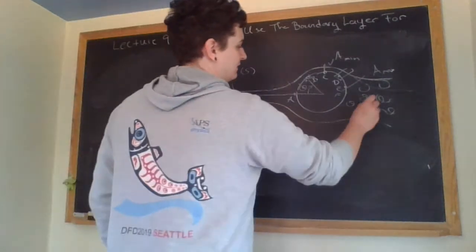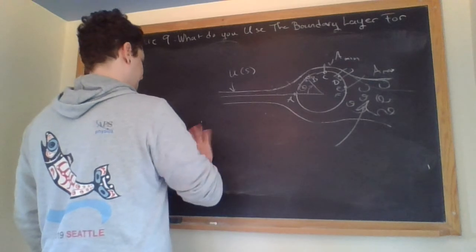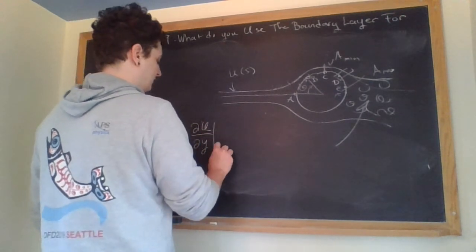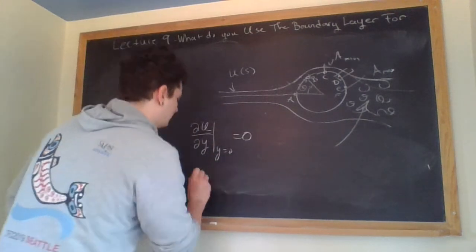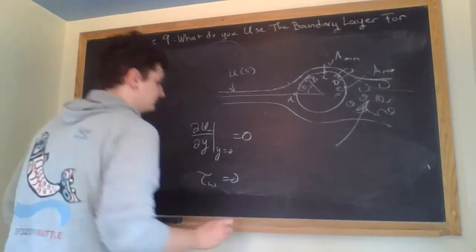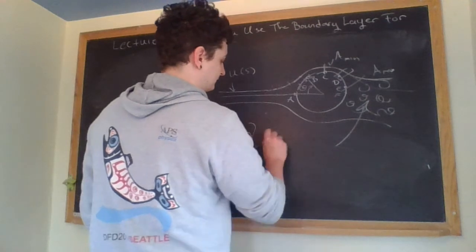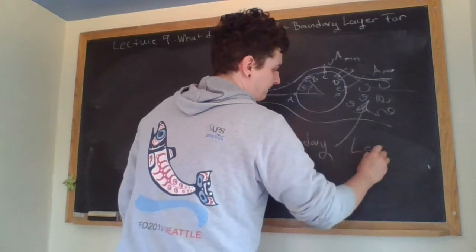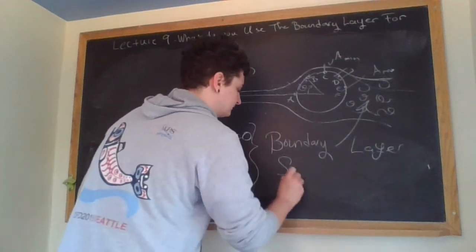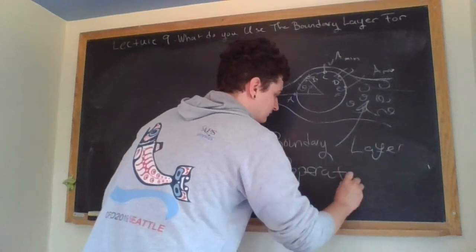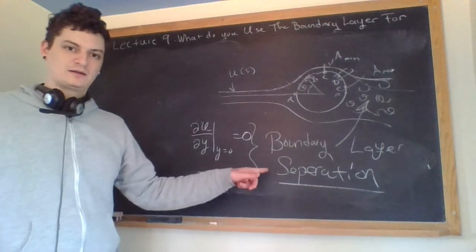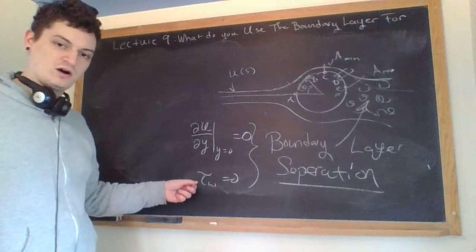So we say that condition, equivalent conditions, is the point of boundary layer separation, when the shear stress at the wall goes to 0.